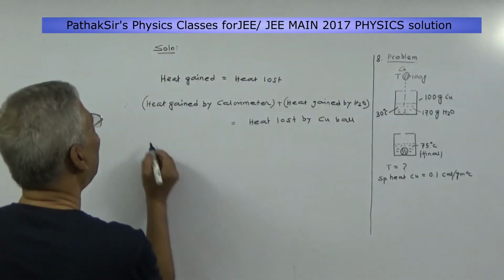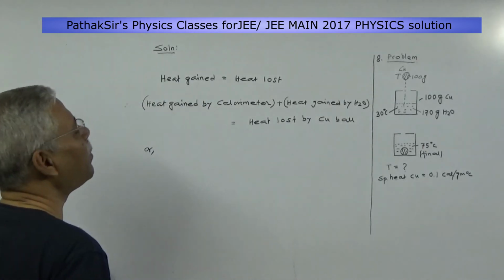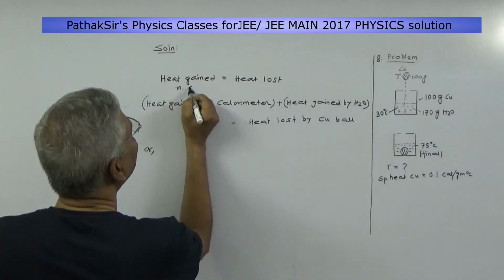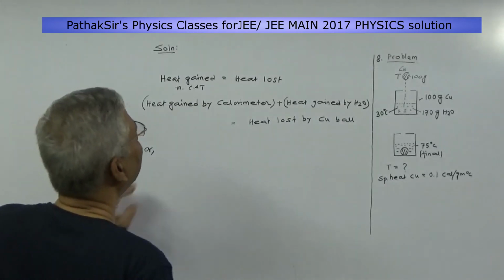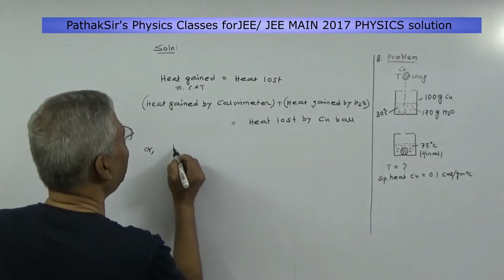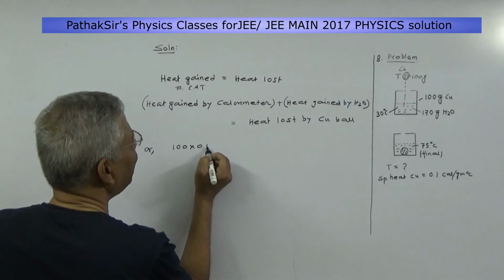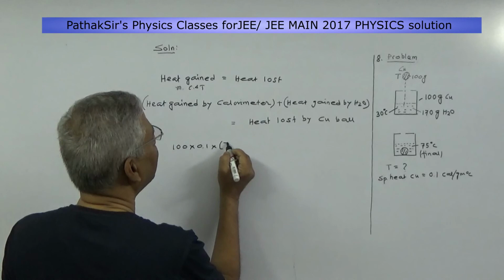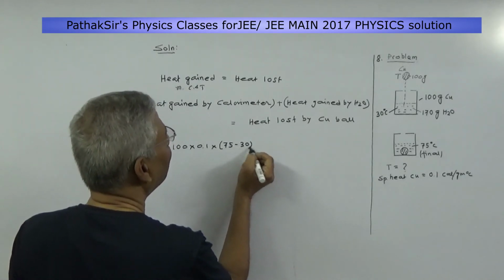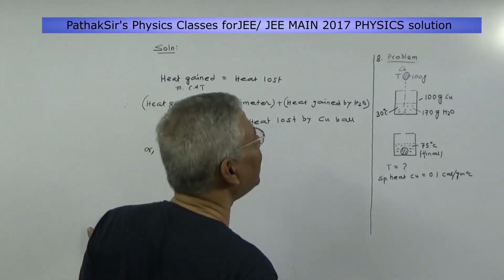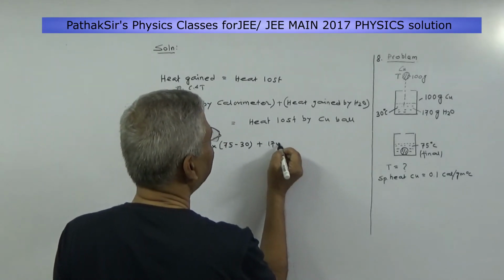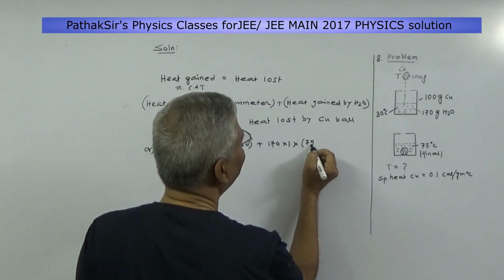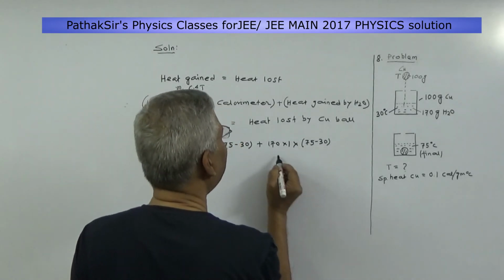We know the formula, M into C into del T. Heat gained by calorimeter: 100 gram, specific heat 0.1, final temperature is known, 75, so into the temperature difference, plus heat gained by water: 170 gram, specific heat of water is 1, into 75 minus 30.